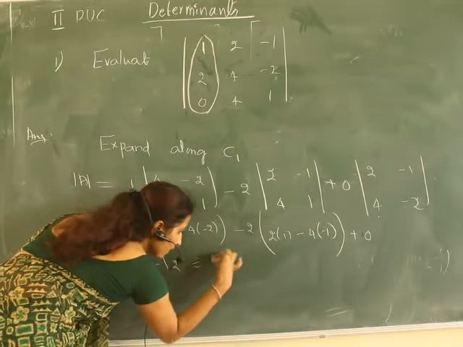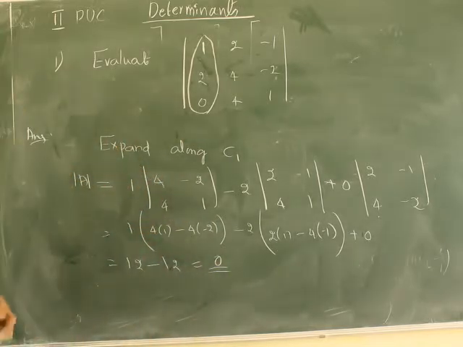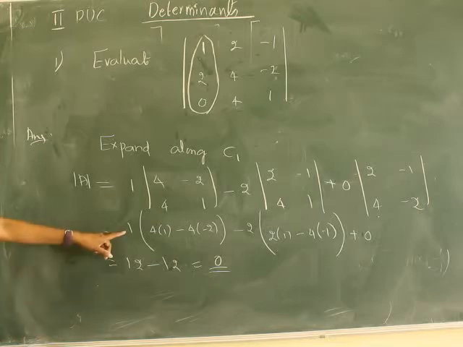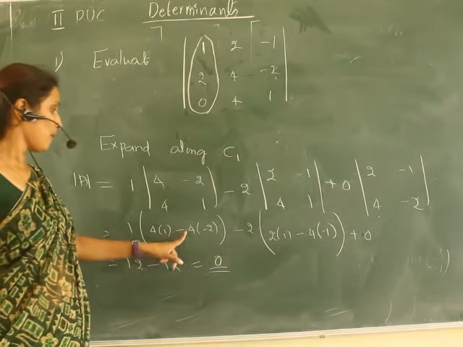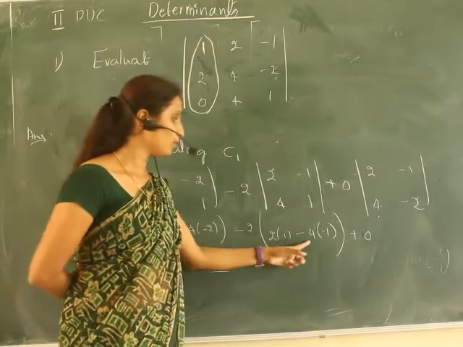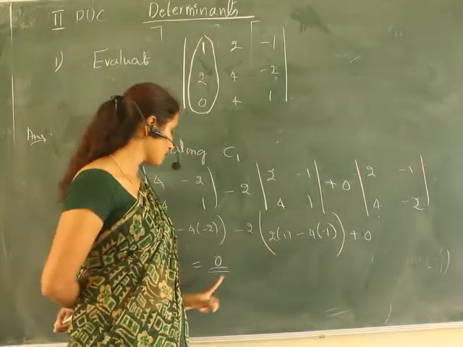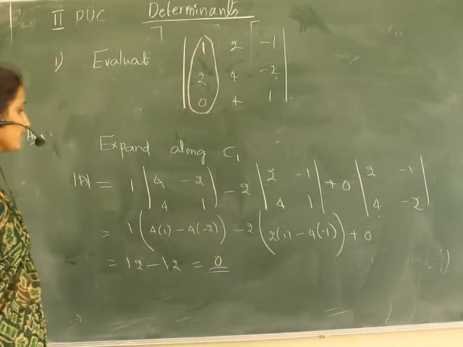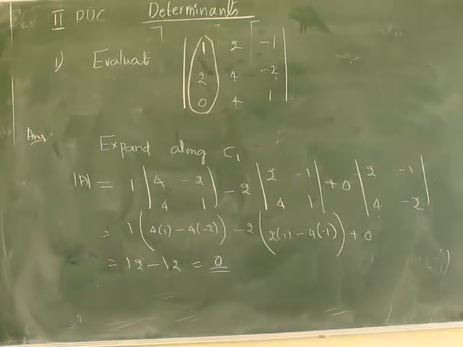So we are getting the determinant is 0. So this will be 1 into 4 plus 8 is 12, minus 2 plus 4 is 6, 6 into 2 is 12. So we are getting the determinant value is 0. So determinant of given matrix is 0. So this is one of the examples.